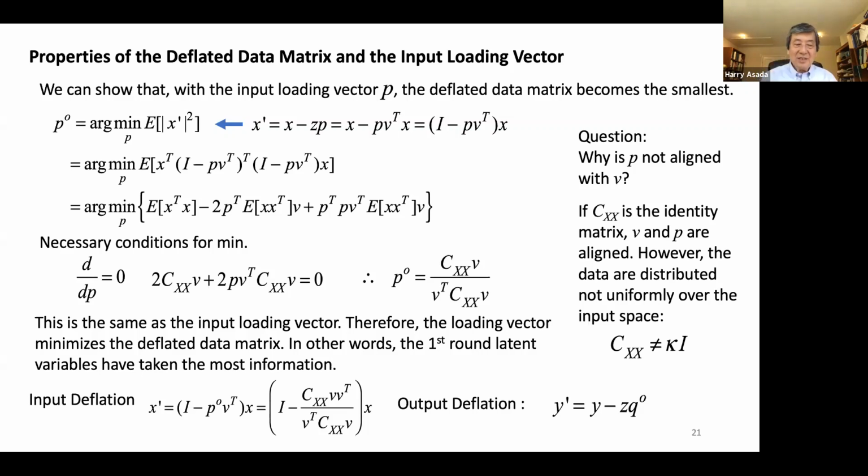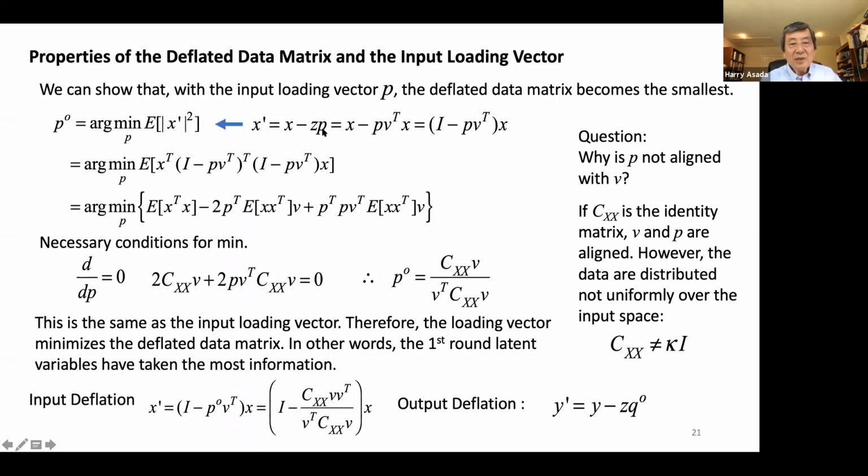So let's actually test whether that is the case or not. We look at this measure, right? X prime, after deflation, and we got the X prime. And we evaluate the mean squared norm of this X prime. At this time, we would like to confirm whether this loading vector P is the one that makes this minimum.